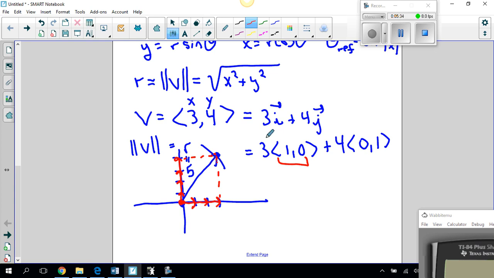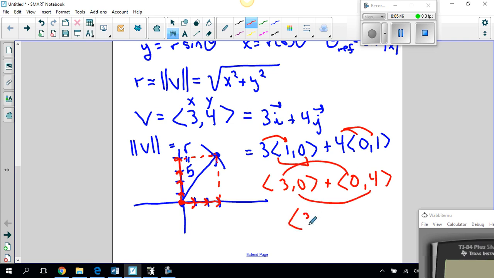But do check out the algebra, because this is 3 comma 0. And this is, you just multiply it in, 0 comma 4. And then when you add vectors, you just go 3 plus 0, 4 plus 0. So vector algebra is actually fun. But sorry for the explanation there with the i j stuff. I think I can do better, maybe not.